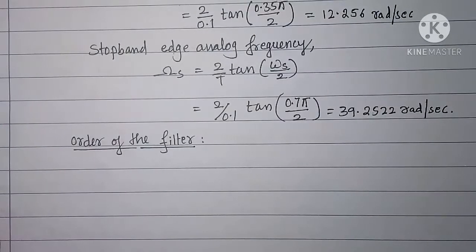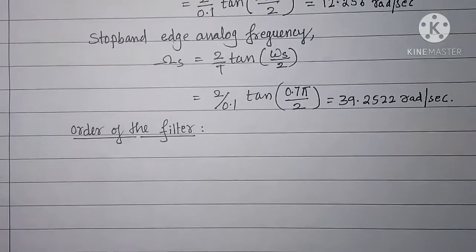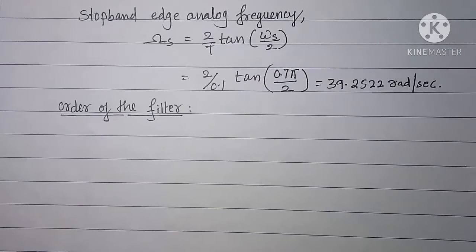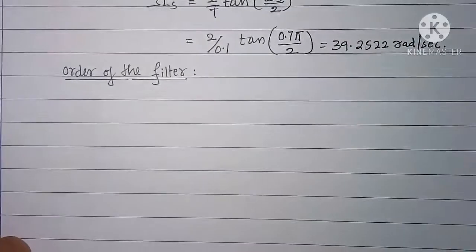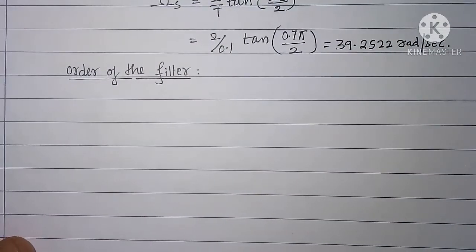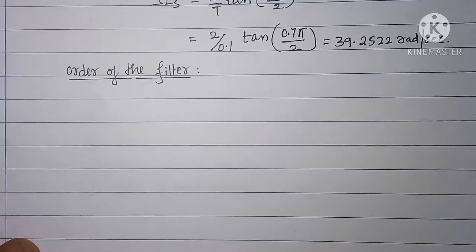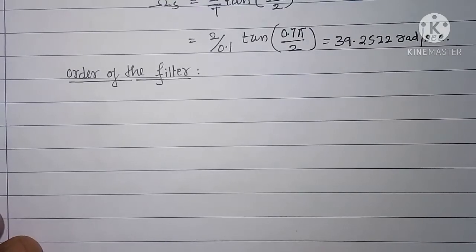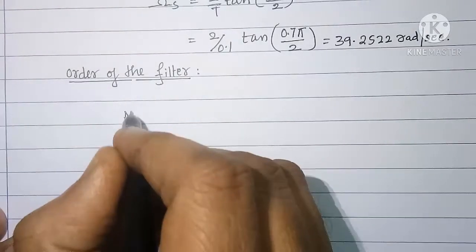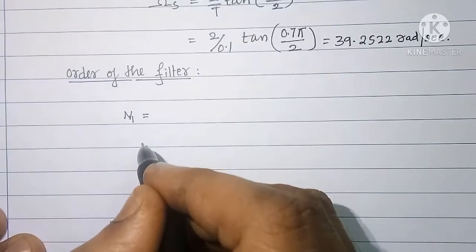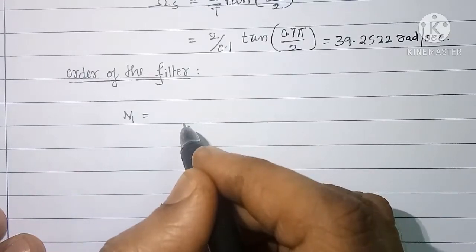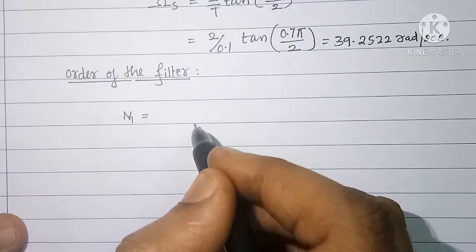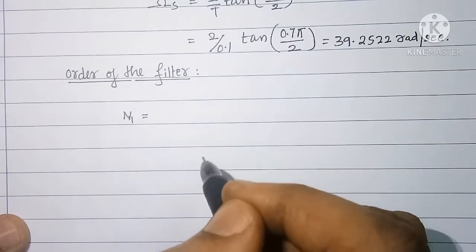Remember all the steps in design procedure that I have dictated earlier, so that there will be no confusion when you start designing a filter. N1, if N1 is in fraction, then you have to round off that to next higher integer, that is positive integer.